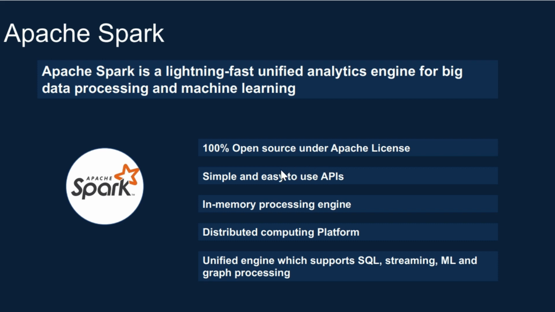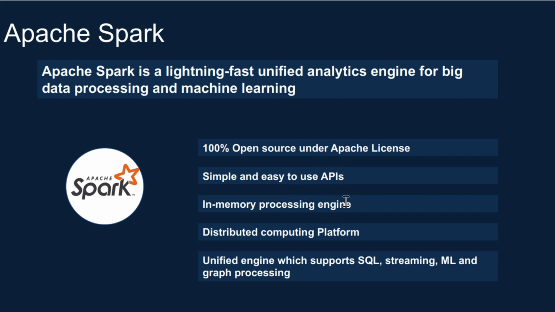Hadoop was slow and inefficient for interactive and iterative computing jobs, and it was too complex to learn and develop. The third point is that Spark is an in-memory processing engine. That means Spark offers simpler, faster, and easier APIs to develop on.